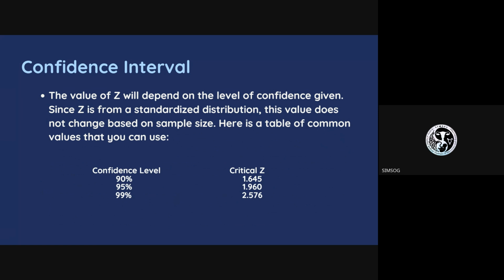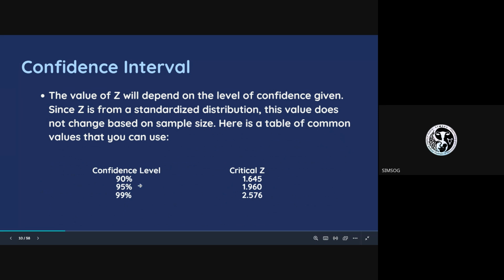If you want a confidence level of 95% for a normal distribution, the value of z is 1.96. That's why, as you remember, 1.96 is close to 2, so 95% of the population lies between -2 and +2 standard deviations. Similarly, we have values for other confidence levels, that is 90%, 99%, and so on.